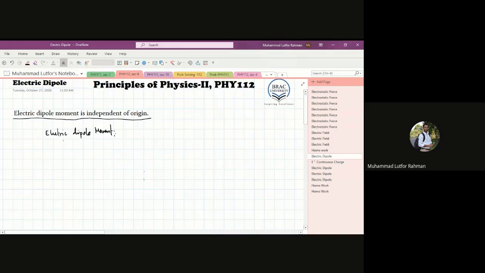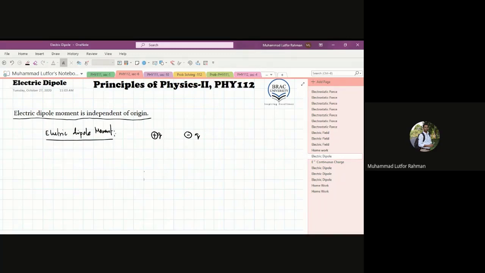Say if you keep 2 point charges, they have the same magnitude but opposite polarity. So you have a charge plus q over here, and another, minus q. It has also the magnitude q, but one is positive, another is negative.